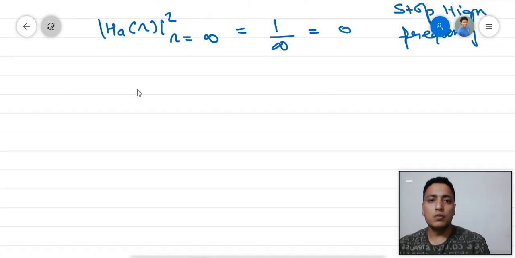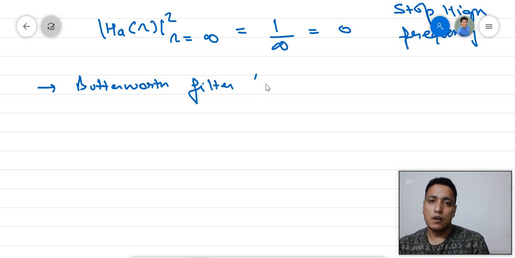There are two things to be noted about the Butterworth filter. The first one is that the Butterworth filter does not have any ripples.